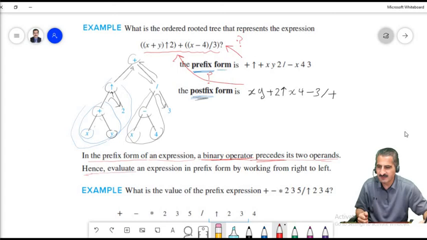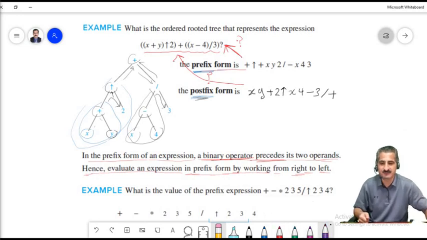Therefore, it says, hence, evaluate an expression in a prefix form by working from right to left. We want to evaluate this prefix form here and reduce this expression. Now it says take from right to left. So now I will look for a binary operation. It is here, the minus.